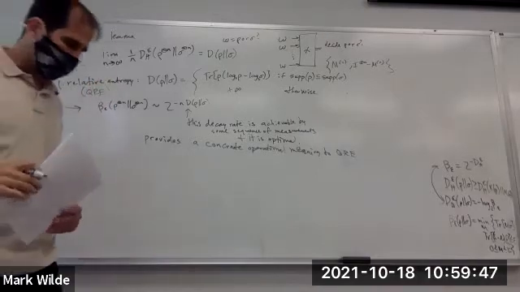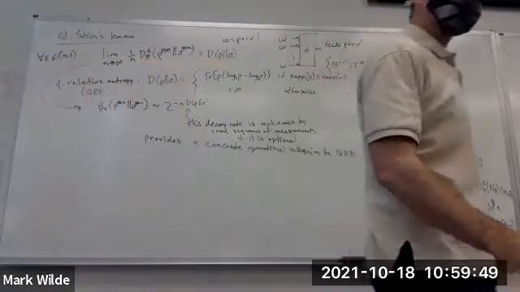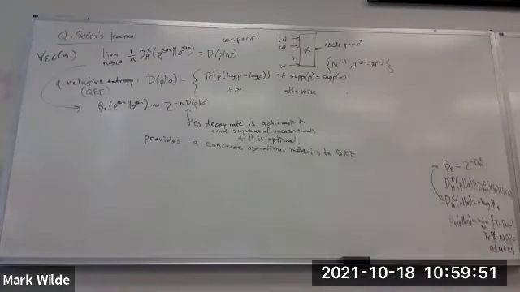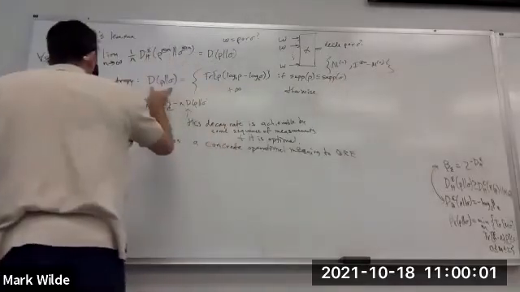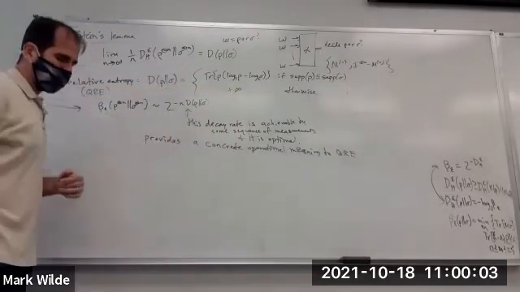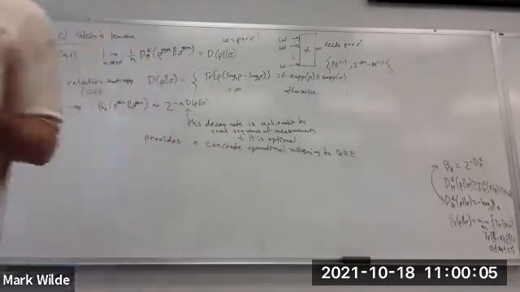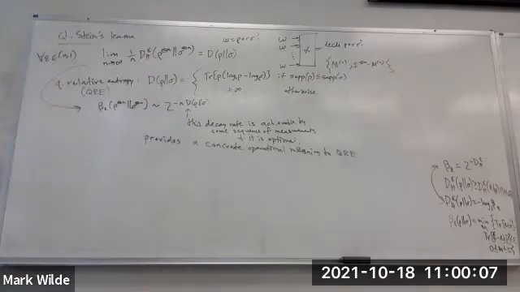Like we had in the quantum Chernoff bound, there was a connection between an operational task and a distinguishability measure. Very similar thing going on. This distinguishability measure is kind of like at the foundation of all of quantum information.